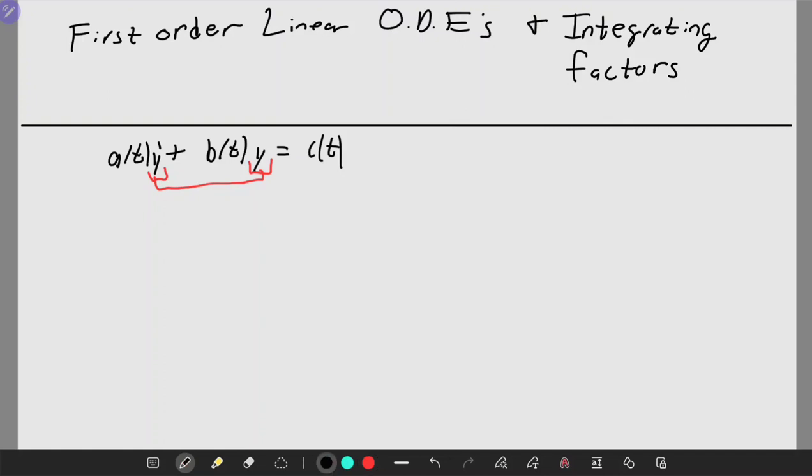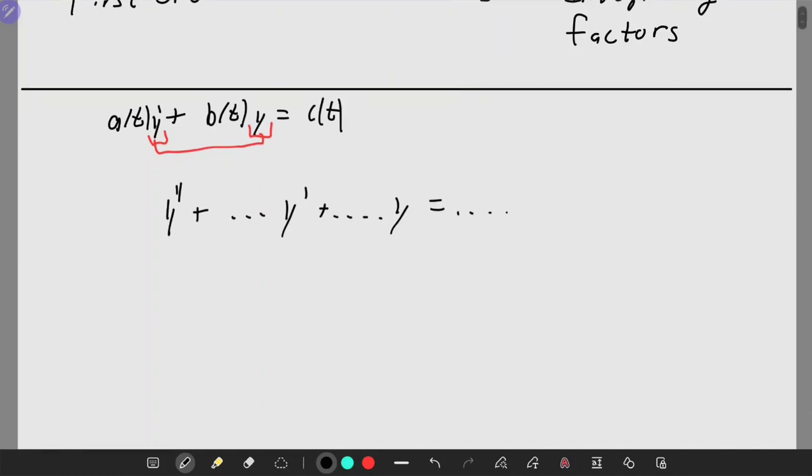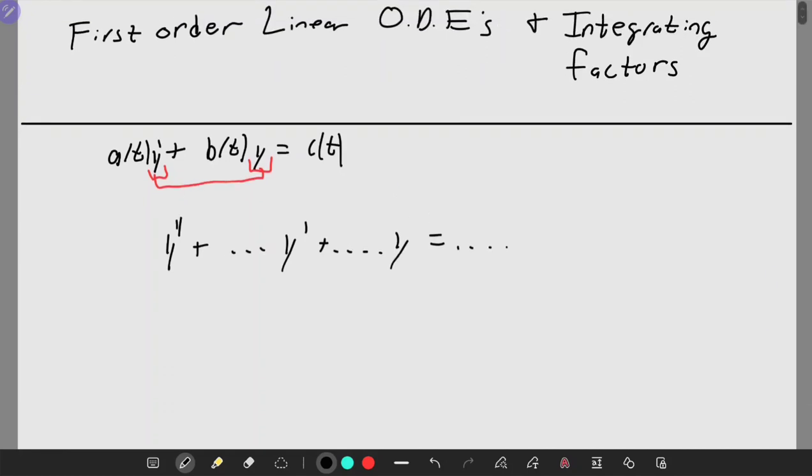If I had something like y double prime plus whatever, y prime plus whatever, y is equal to whatever, this is second order. And it keeps going on and on. You can have even higher order equations. But to keep things simple for now, let's focus on first order. So I have a y prime and a y. That tells me this is first order.